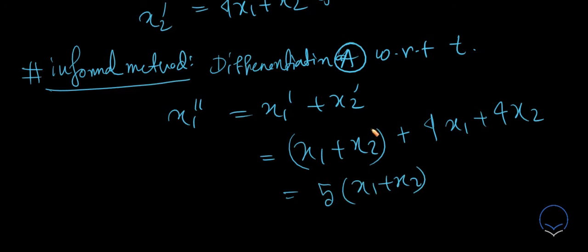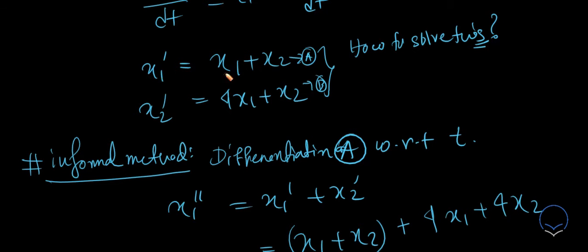But still we are not decoupling the x2 from x1, because you can see that this has x1 on the left hand side, that is the second derivative, but on the right hand side there is still this x2 guy, right? So how can we get rid of that? It's pretty simple.